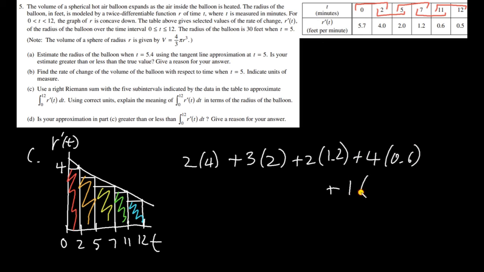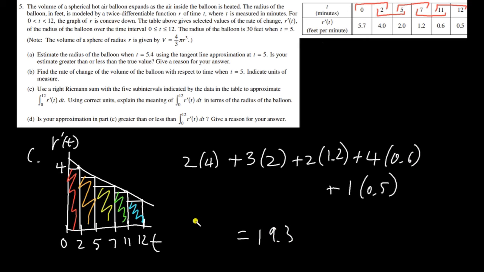Similarly, this distance here is 3, because between 2 and 5 is 3. And the height is this height at 5, which is 2. Here the difference is 2, and the height is 1.2. I can keep on going for the next 2. And if you were to add all these up, you would get 19.3, okay?